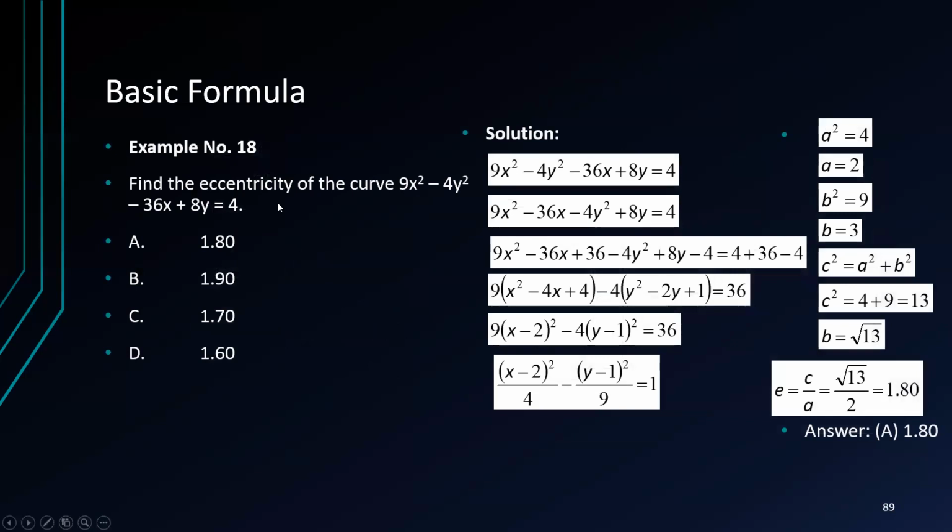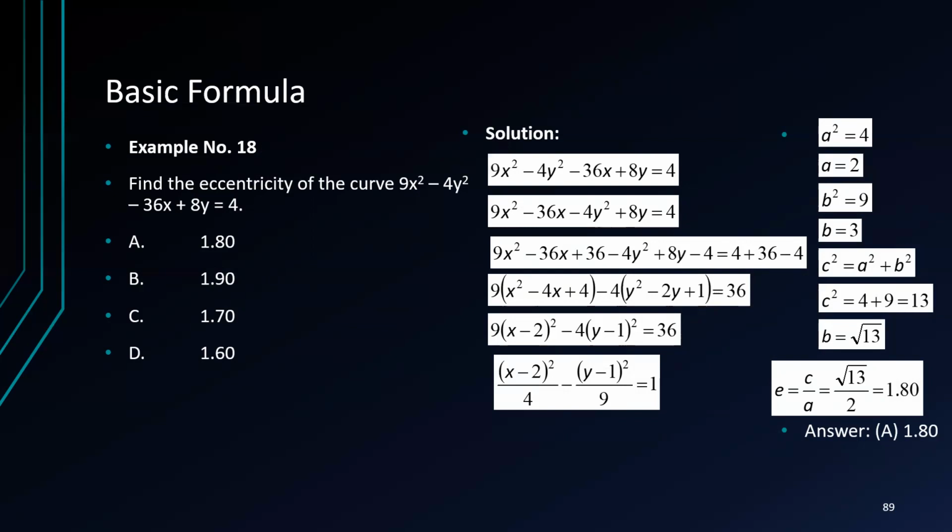Sample number 18. Find the eccentricity of the curve 9x squared minus 4y squared minus 36x plus 8y equals 4. Solution: the equation is 9x squared minus 4y squared minus 36x plus 8y is equal to 4. So, rearrange it: 9x squared minus 36x minus 4y squared plus 8y is equal to 4. Then, completing the square, 9x squared minus 36x plus 36, we add it to the left side too.